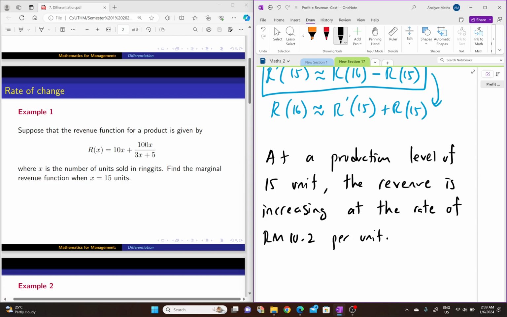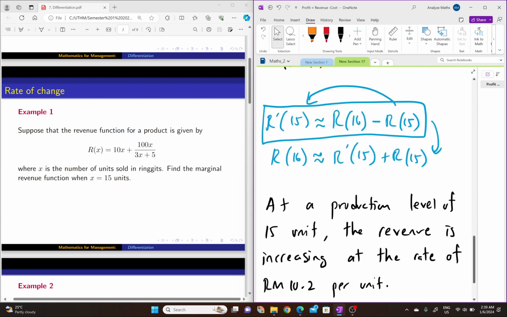So after you sell 15, how much for you to sell another unit after 15, how much is the revenue increased? 10.2.